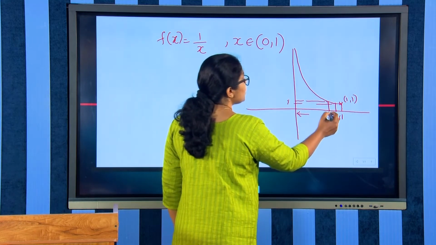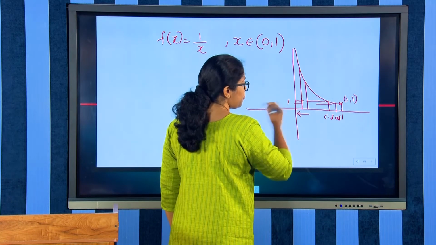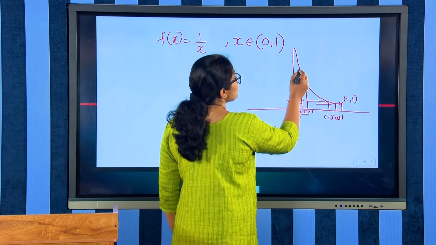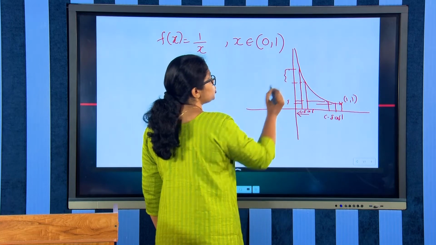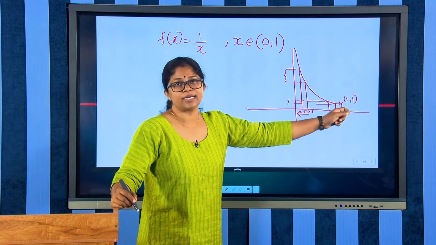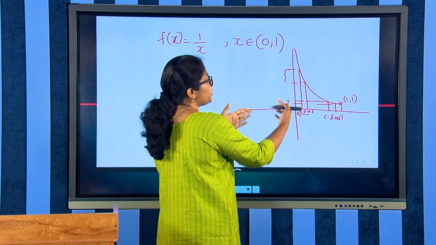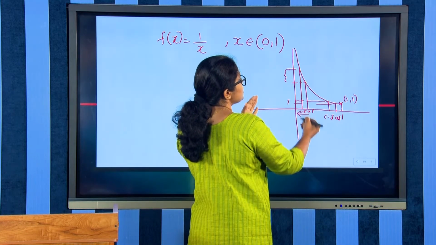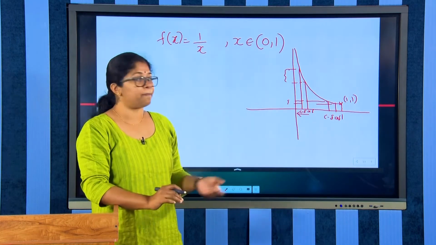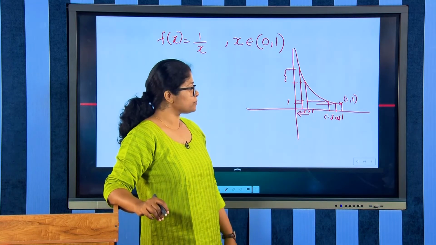Whereas if we consider an interval of the same width here, say c minus delta, c plus delta, the corresponding variation is much larger. That is because of the point that we are considering. Again, if we come close to 0, for a very small change itself, the value of the function has a very high difference compared to exactly the same difference for the corresponding x values.